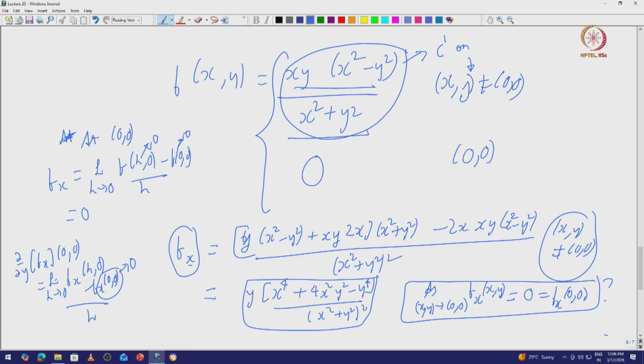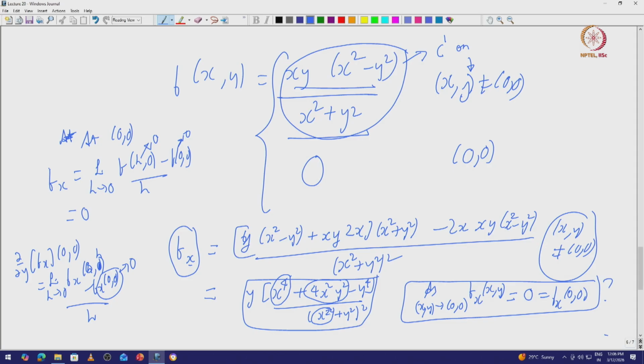Sorry, this is (0, h). I'm sorry about this, because it's d by dy. So, it's (0, h). So, when x is 0, what do you get? When x is 0, this term goes away, this term goes away, this term goes away.